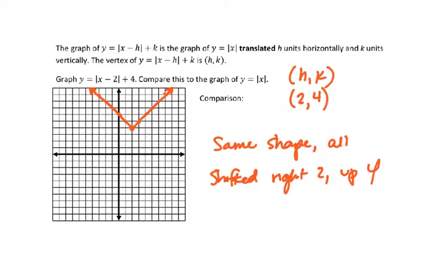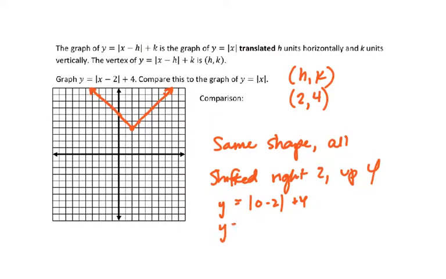Now, if I said, you know what, Mr. Lambert, I don't know any of this. I don't know how to plug this in. I would say, well, let's just start by plugging in a point. So if we plugged in 0, this again, if you did not know how to graph it, I could have said, okay, y equals 0 minus 2 in the absolute value brackets plus 4. And we would say, okay, 0 minus 2 is negative 2.